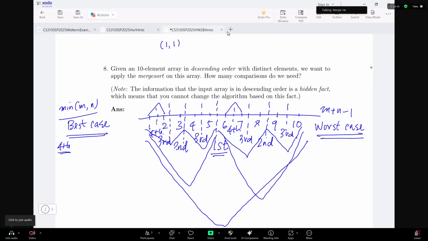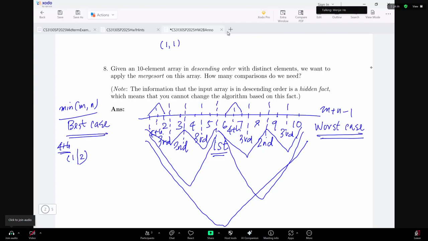Here I use this special notation: merge result. For the first merge, the minimum of 1 and 1 is 1. Then I use a vertical bar to separate, because after the merge there are 2 elements, so I put that number of elements, because I need to use this number later.